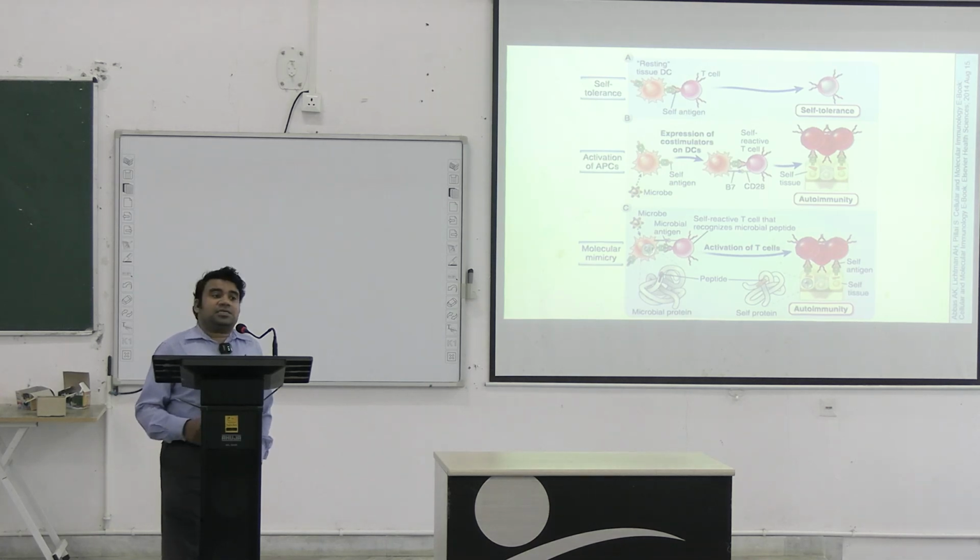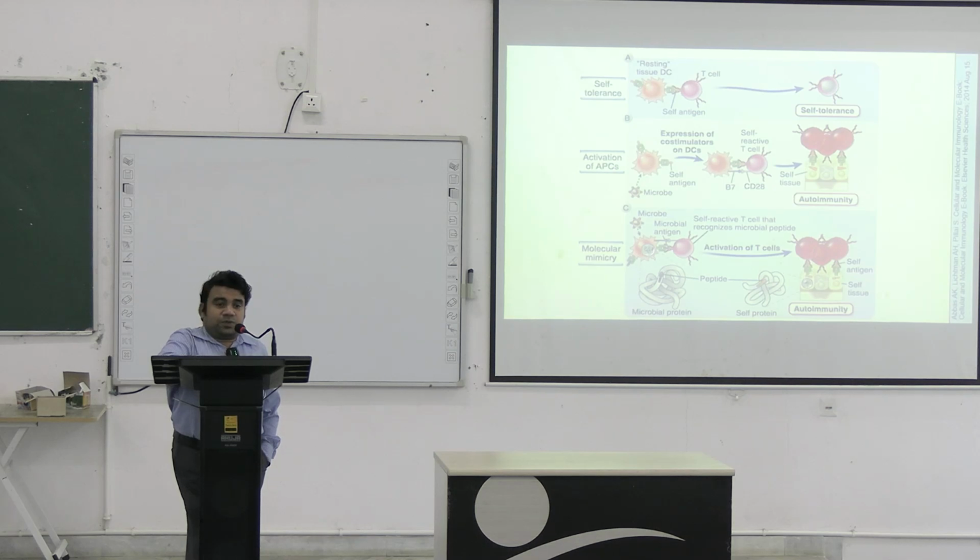Some of these antigens or proteins may be similar to human proteins. Now, when these proteins are expressed, antibodies or cytotoxic activity is triggered. These cells then cannot differentiate between the protein of microbial origin and the similar protein of human origin. This is called molecular mimicry. Okay.